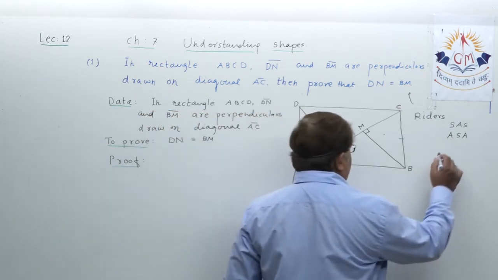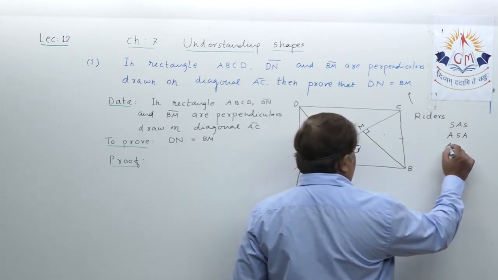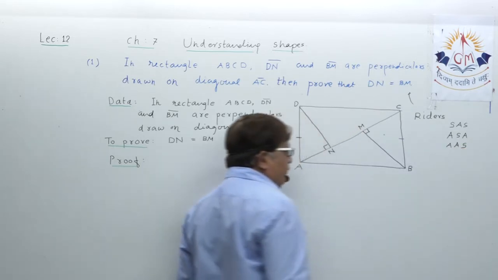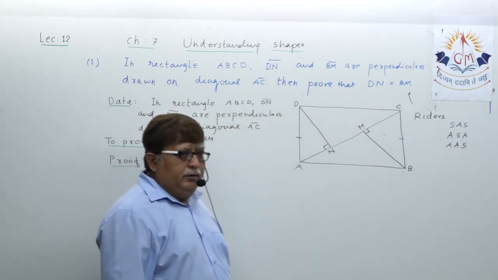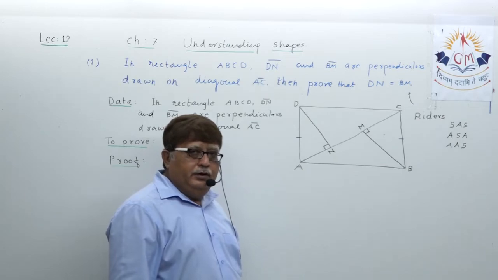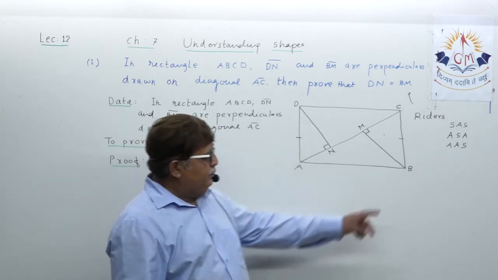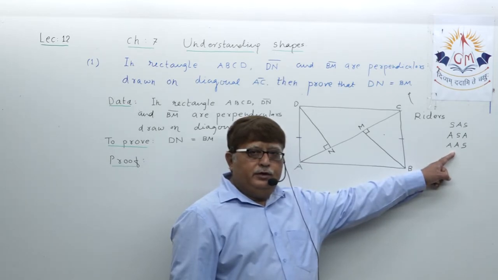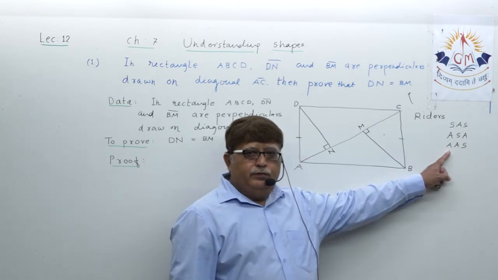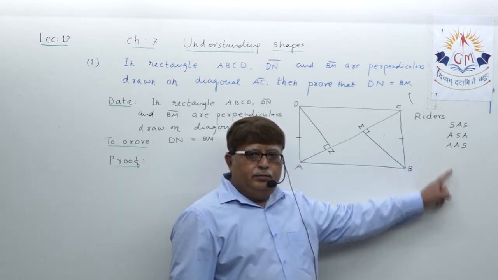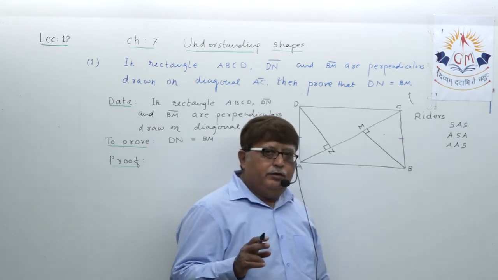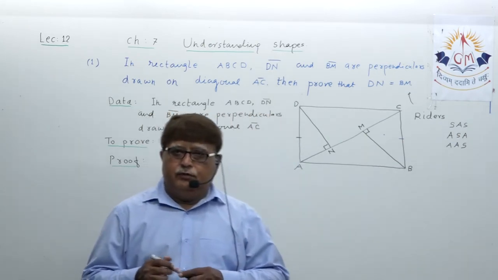That criterion I am mentioning here, AAS. What does this mean? Two pairs of angles, and see I have written S here, that means two pairs of angles and one pair of side which is not included. You understood this?